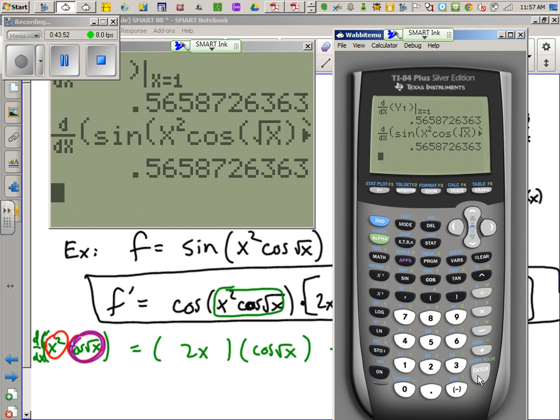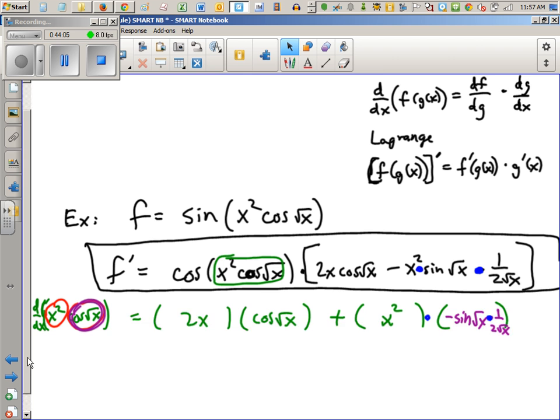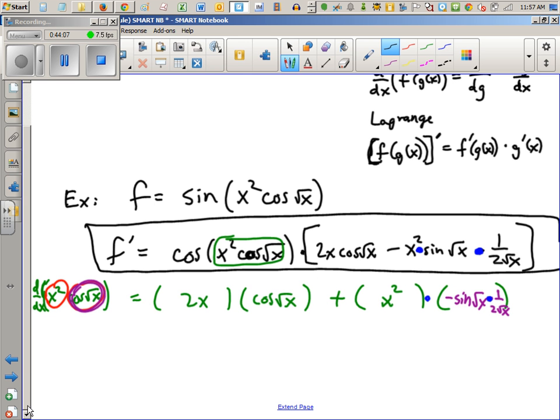Now, for those of you who have the older operating system, things look a little different. I'll just show you on the video here. I need my SMART Notebook. Where'd it go? There it is. Okay, so if you have the older operating system, when you first press Math 8, it looks like this, nDeriv. And then you can either put Y1 or you can write your function, type it up.